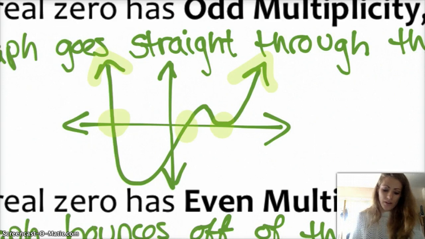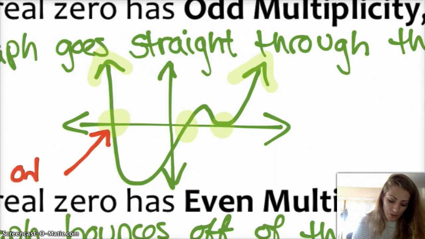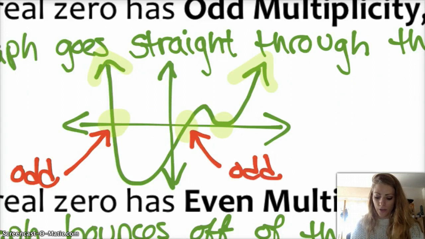This information shows me that whatever that x-intercept is, it has an odd multiplicity, so 1 or 3 or 7 or 21, whatever it is. It has to be odd because it's going straight through the function. This one is also odd, going straight through the function.